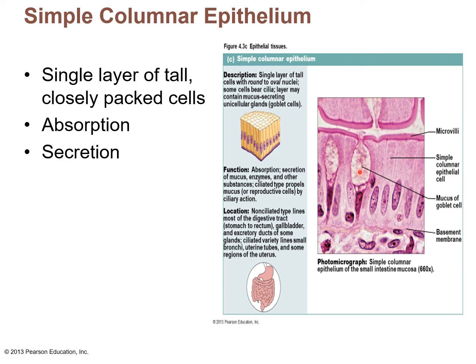So if we think of our small intestine, your small intestine would actually have both, because this is where your food is being digested. So you do want to have microvilli to be able to absorb as much nutrients out of the food that you are digesting as possible.